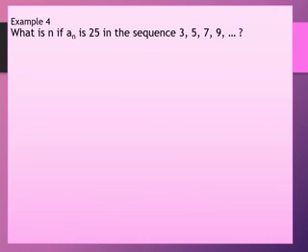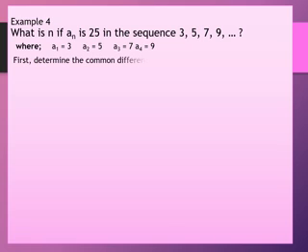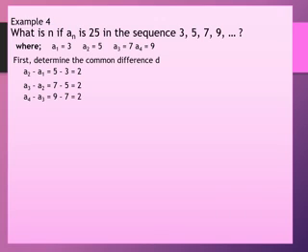Our last example. What is n if a sub n is 25 in the sequence 3, 5, 7, and 9, where a sub 1 is 3, a sub 2 is 5, a sub 3 is 7, and a sub 4 is 9. First, we must determine the common difference. So a sub 2 minus a sub 1, a sub 3 minus a sub 2, a sub 4 minus a sub 3. So their common difference is 2.